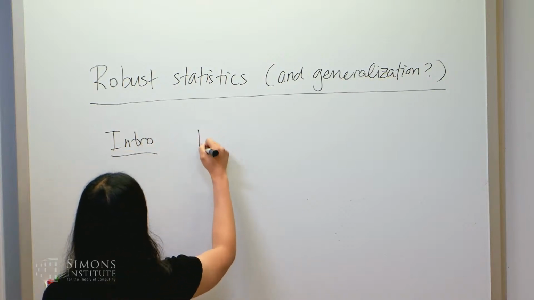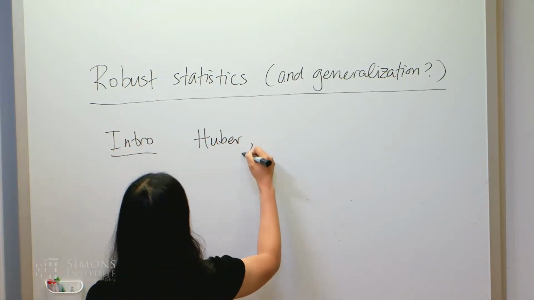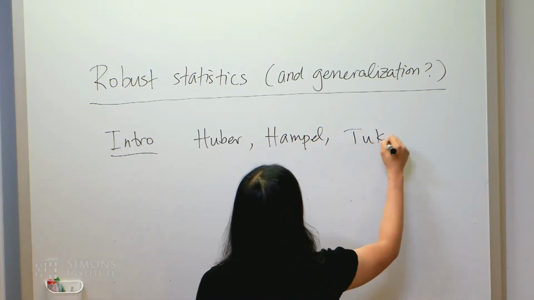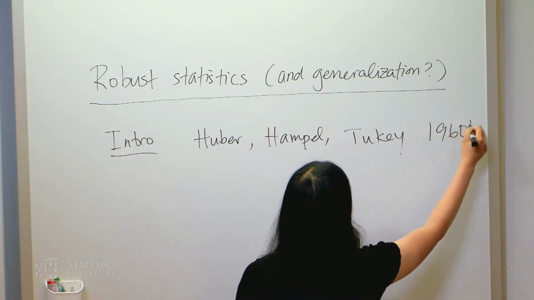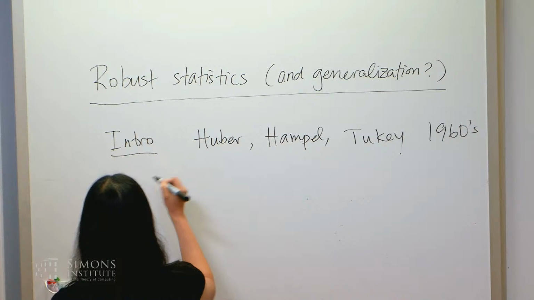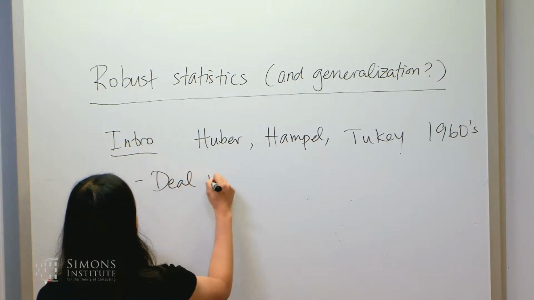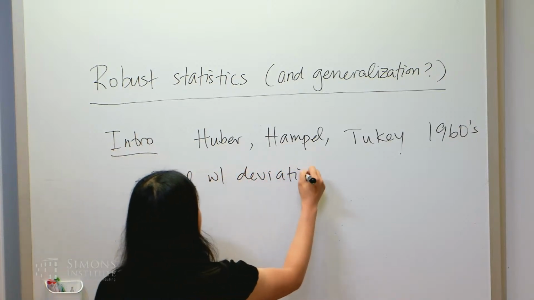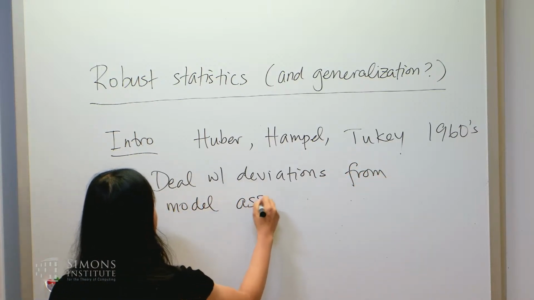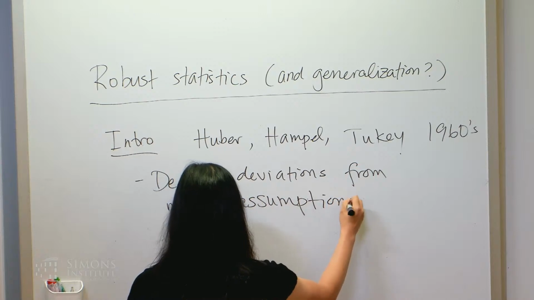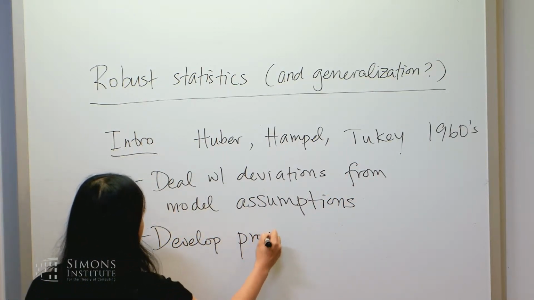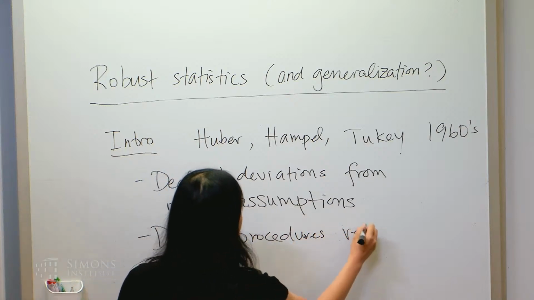So maybe a very brief intro. The foundations of robust statistics can be traced to folks like Huber, Hampel, Tukey, etc. in the 1960s. So, when we're talking about classical, we're saying about 80 years old. Roughly speaking, we want to deal with deviations from model assumptions, and also develop procedures that are reliable.